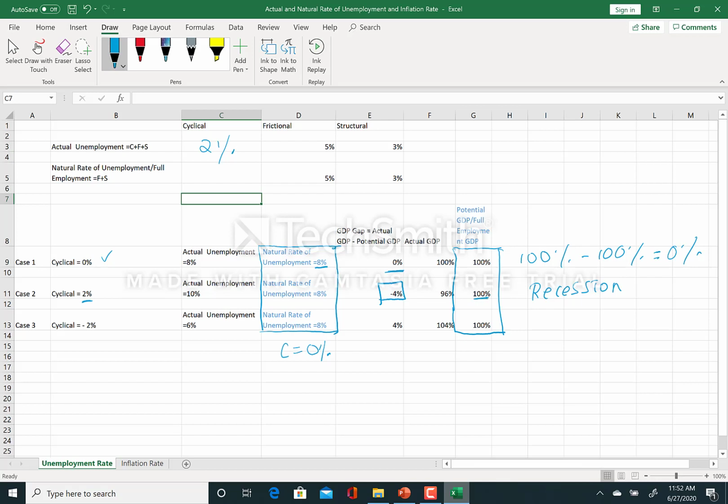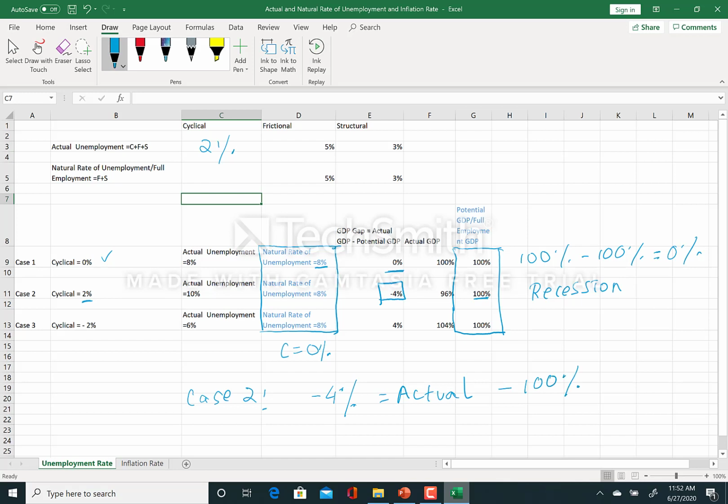How do you get this one as 96% here? So I'm going to look at case number 2 here. My GDP gap is equal to negative 4%. This is equal to actual minus 100%.